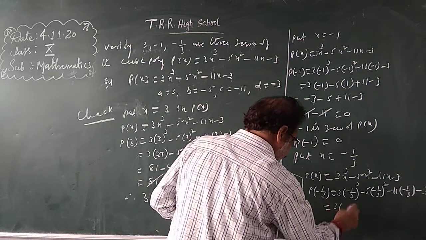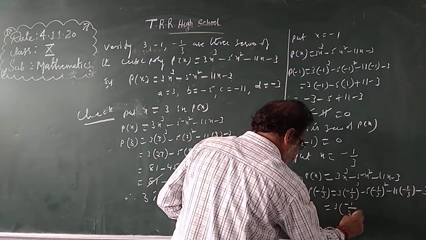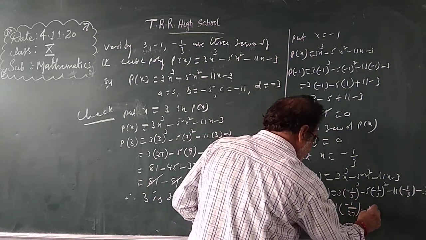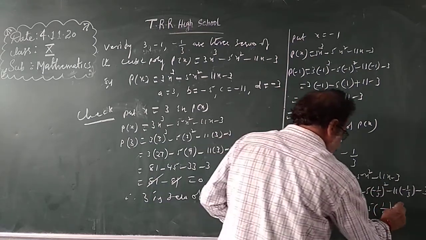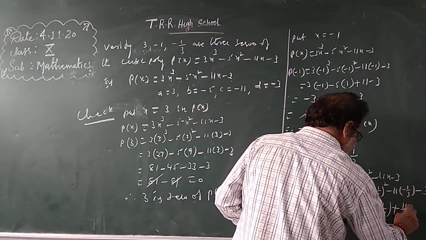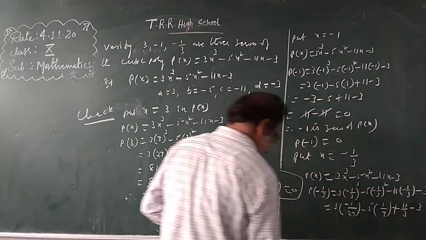So minus 1 cube means minus 1 only, 3 cube is 27. Minus square means plus 1 by 3 square, 9. Minus into minus is plus, 11 by 3, minus 3.